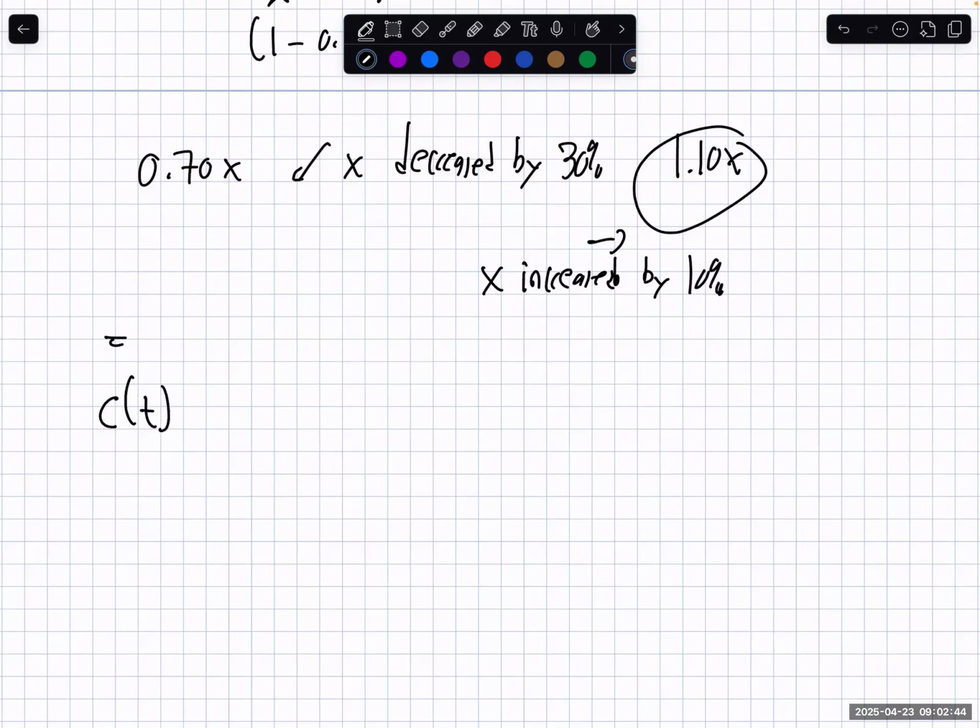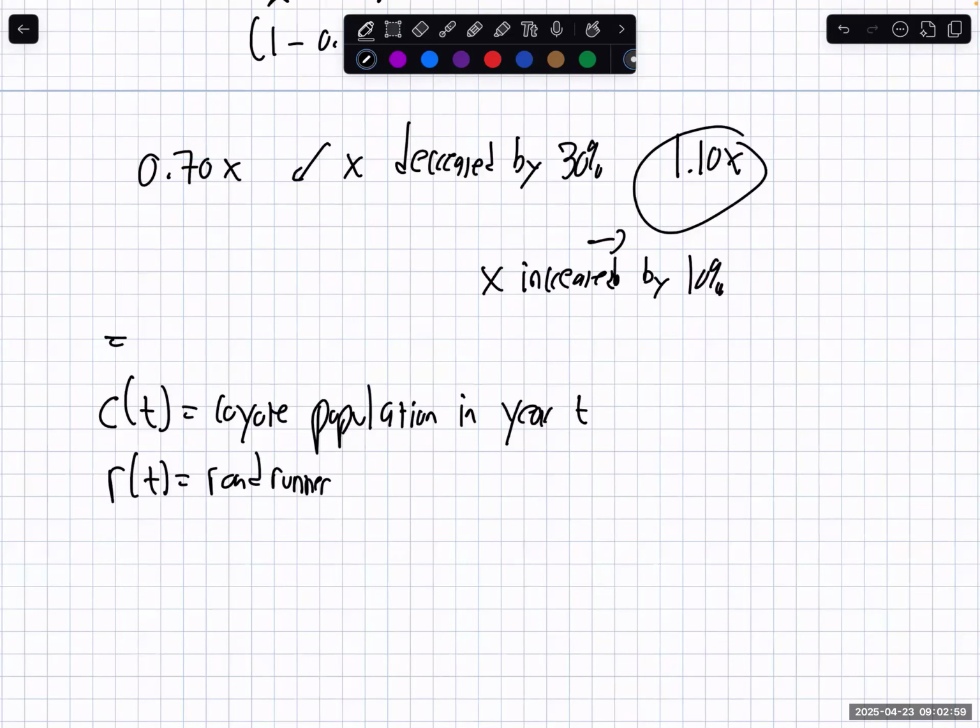So we're going to keep track of these. C of t is going to be the coyote population in year t. And R of t is the roadrunner population in year t.